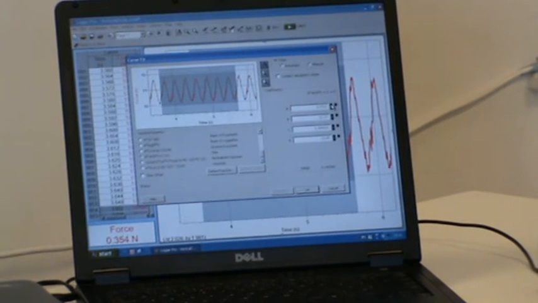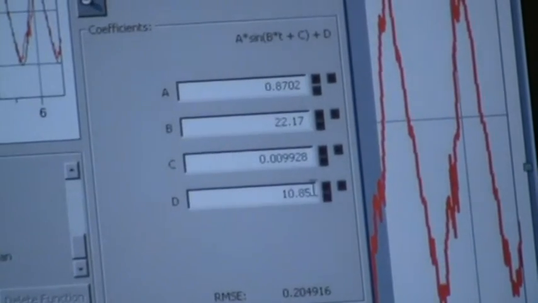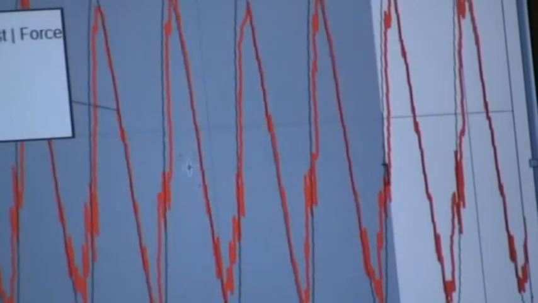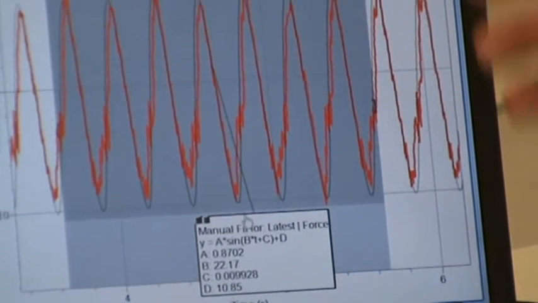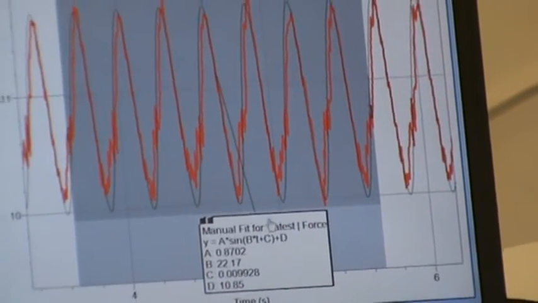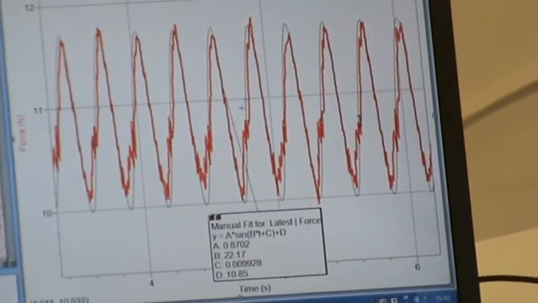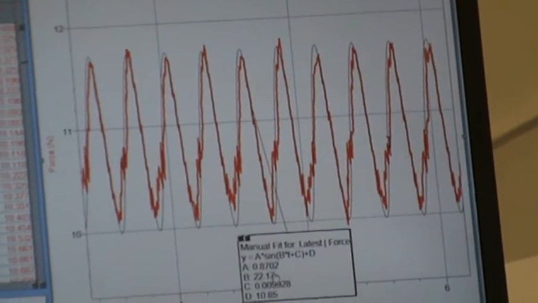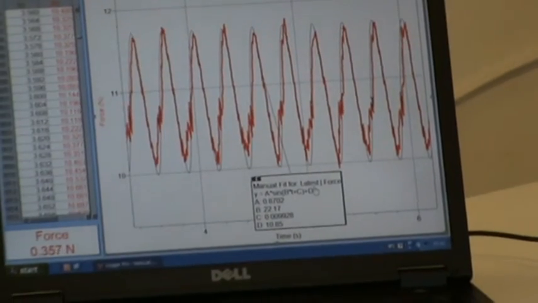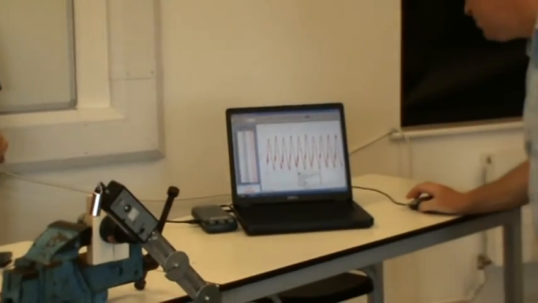The package here allows you to try and fit a curve of best fit, and taking into account the variation in there, we've got a set of parameters that are causing this black line. I'm not sure whether that's clear on the video there, but it's giving an amplitude of plus and minus 0.87. Okay, so about 13% away from what we'll be looking for there.